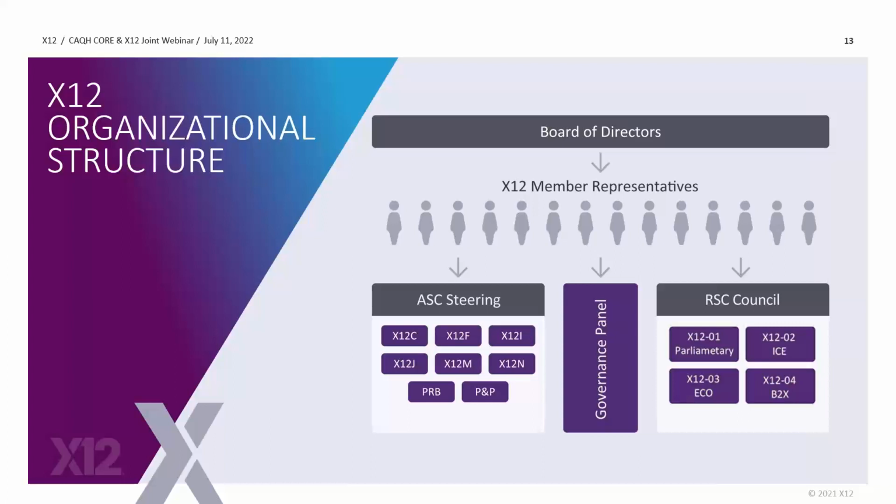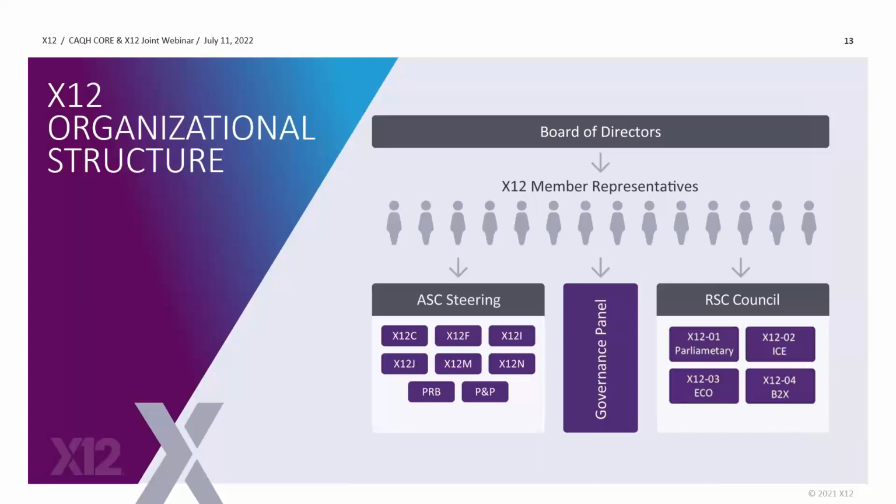So our parliamentary process group, our ICE group, our ECHO group, and our business group that does all the business across the board. These are groups that support everything. Everything on the right supports everything on the left, but not necessarily everything on the left is driven by everything on the right. So there's a relationship there.